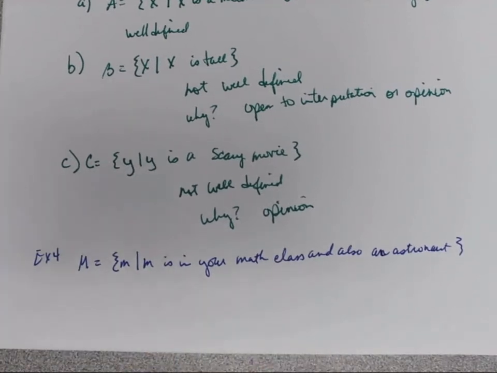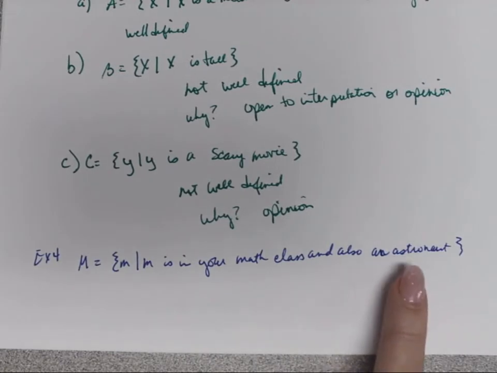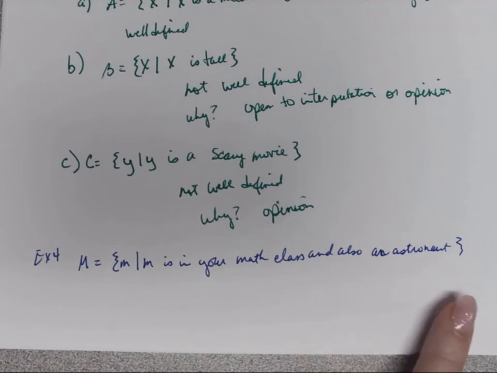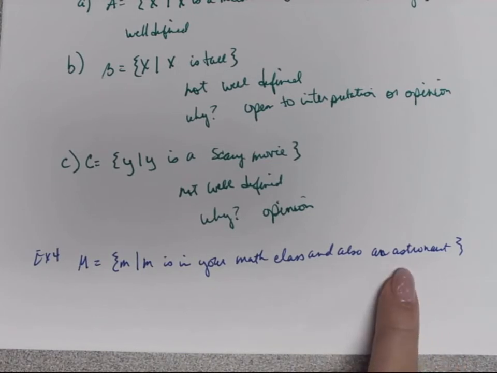Can someone in your math class right now also be an astronaut? Well, let's think about this. An astronaut has to go through astronaut school, but they have to have degrees in science and probably some other specific science like astronomy.